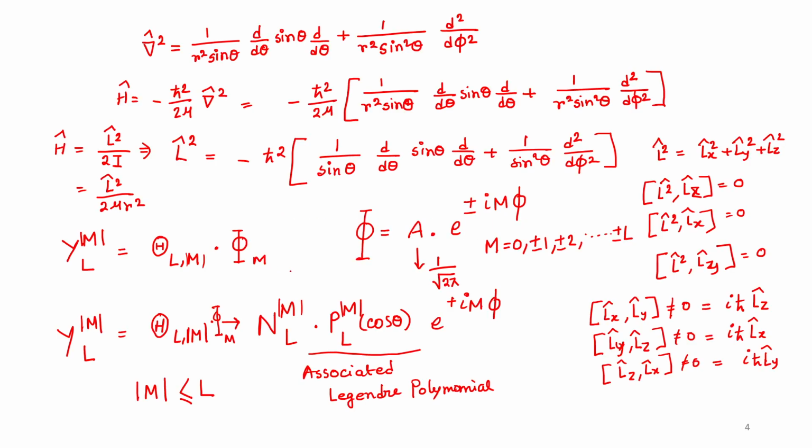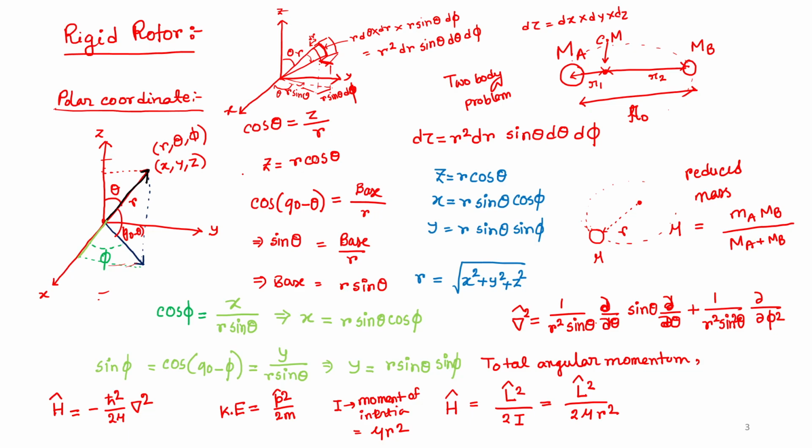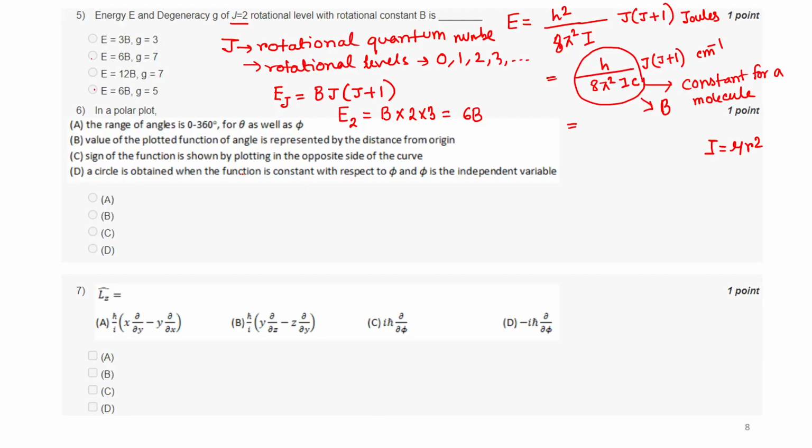Here the total angular momentum. Actually, this J is total angular momentum, that is L plus M kind of thing you have to understand. So if J is 2, then what I told you, that M has a limit, right? So M is 0, plus minus 1, plus minus 2.